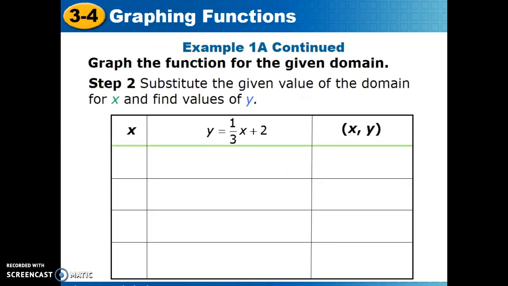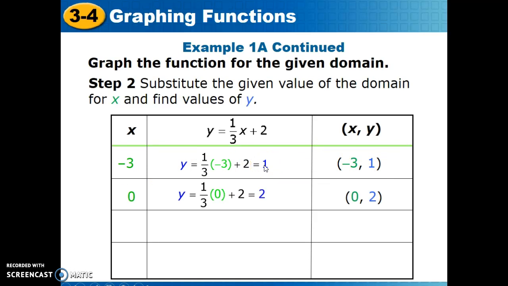We're going to input values of x into the function 1/3 x plus 2. When x is negative 3, our input value is multiplied by 1/3 and increased by 2. So for the x value negative 3, we get an output of positive 1.